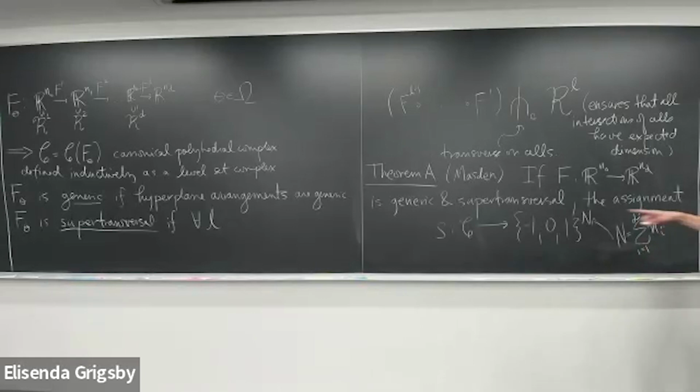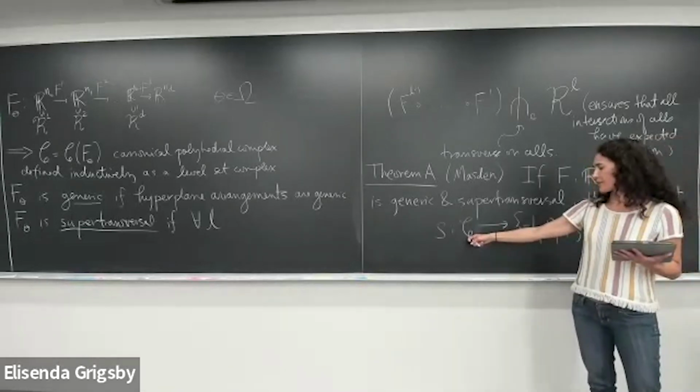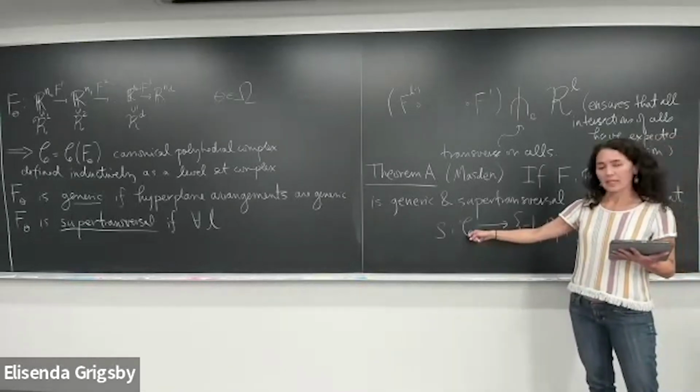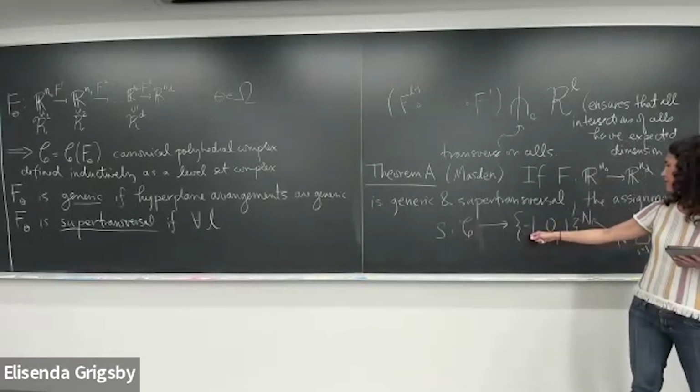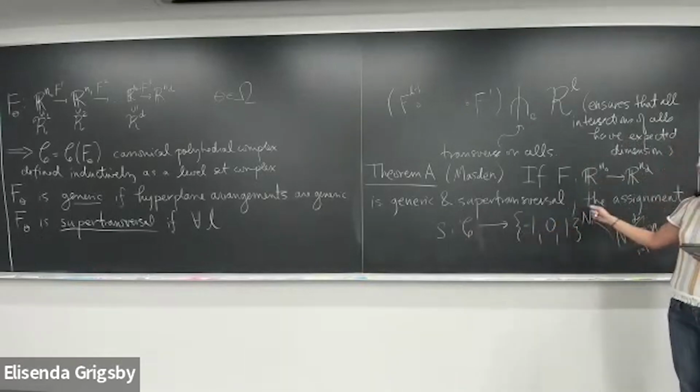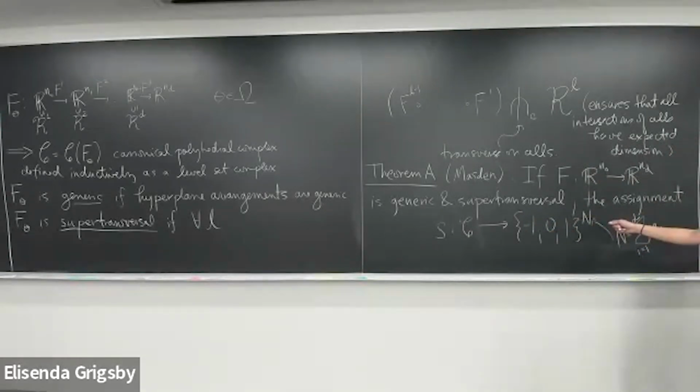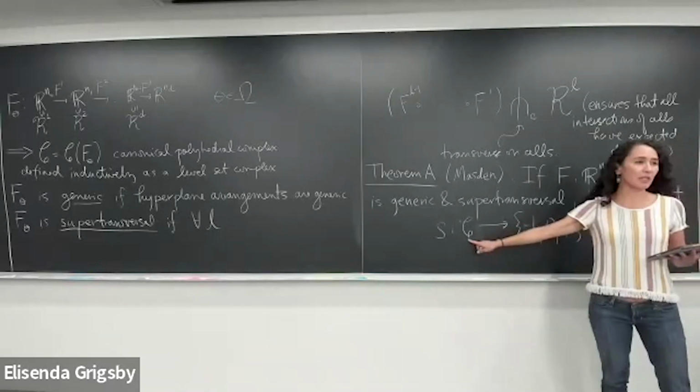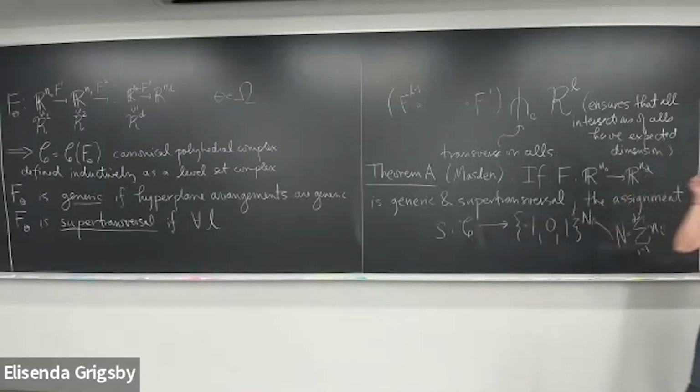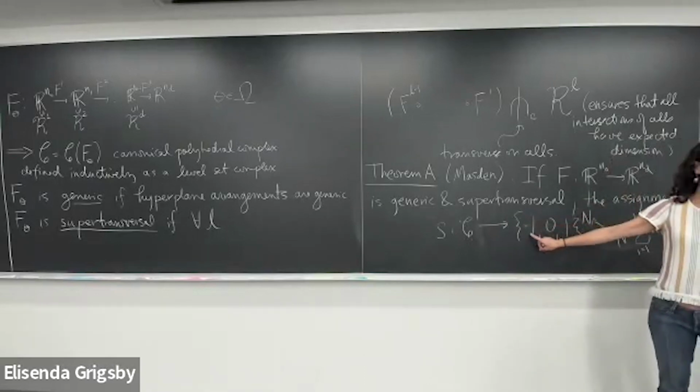So now you have a natural assignment from the cell to -1, 0, or 1 for each non-input neuron. That's coming from taking the sign of the pre-activation output. The way that you do the assignment on a cell is you look at the interior points of the cell, and then you assign it that sign.